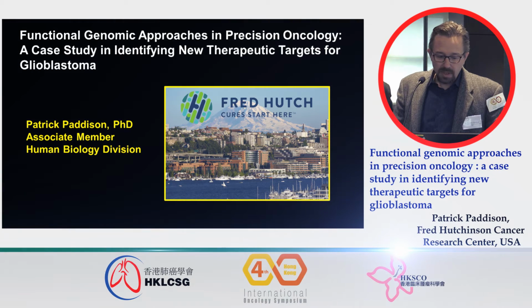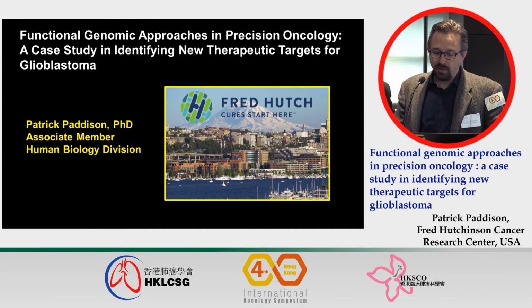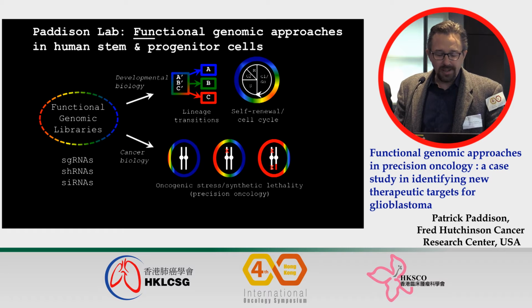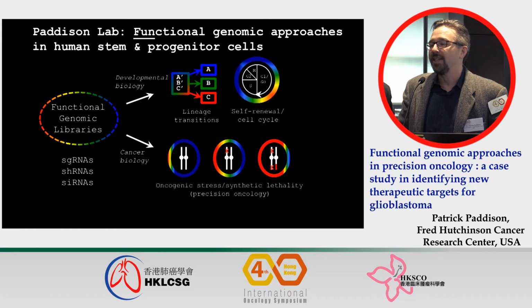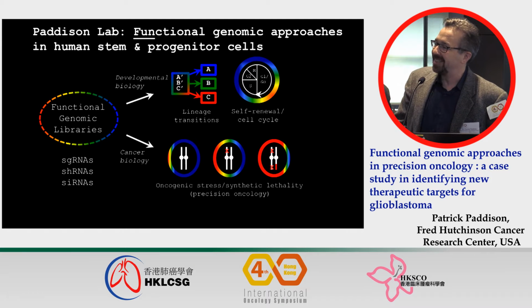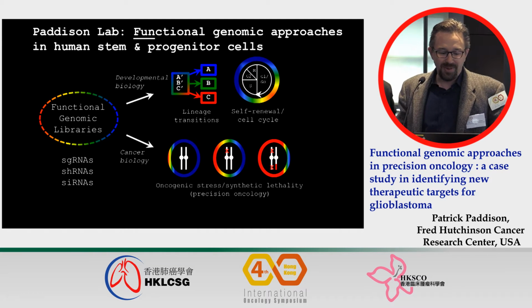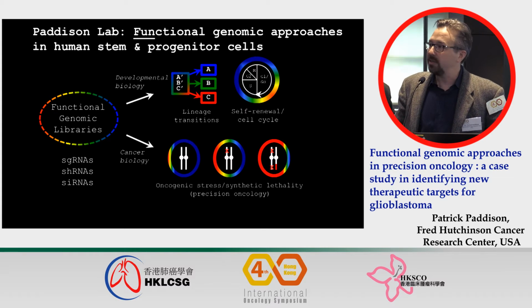So my lab focuses on functional genomics approaches in a variety of systems. And what we like to say is that we put the fun in functional genomics. It's not always fun, as many of you may have found out the hard way, but we apply functional genomics to human and stem progenitor cells, and there's really three moving parts to my lab.